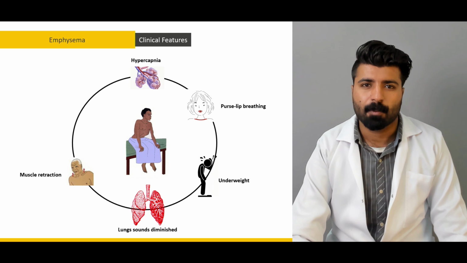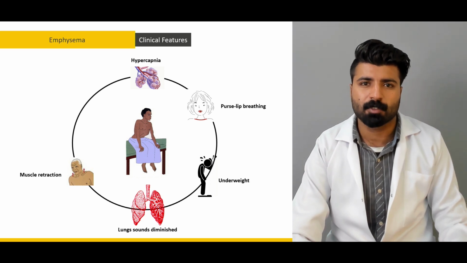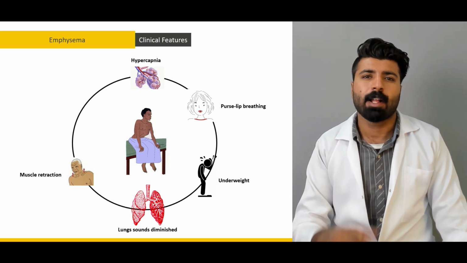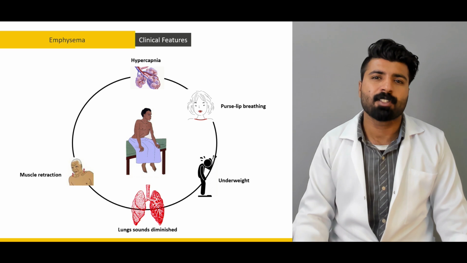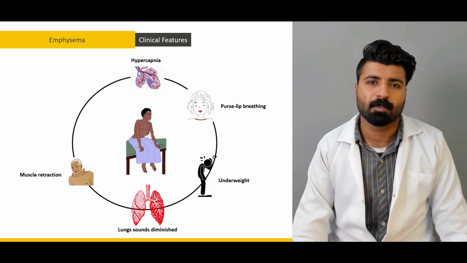Muscle retraction will happen. Why do you think that will happen? Because those muscles were supposed to push up. I told you earlier, I think, that the major instinct of alveoli is to collapse, and the major instinct of the chest and muscles is to expand.